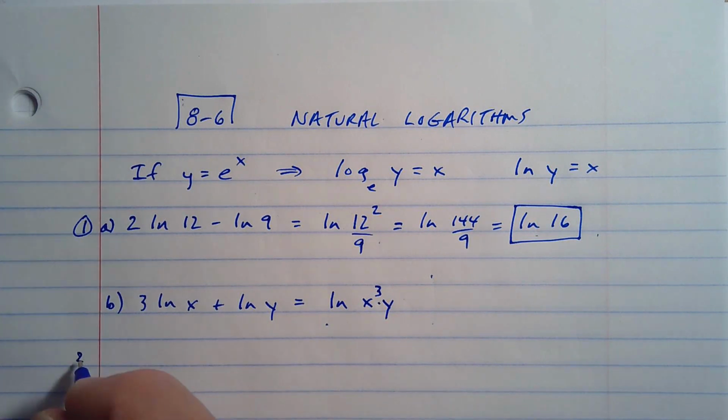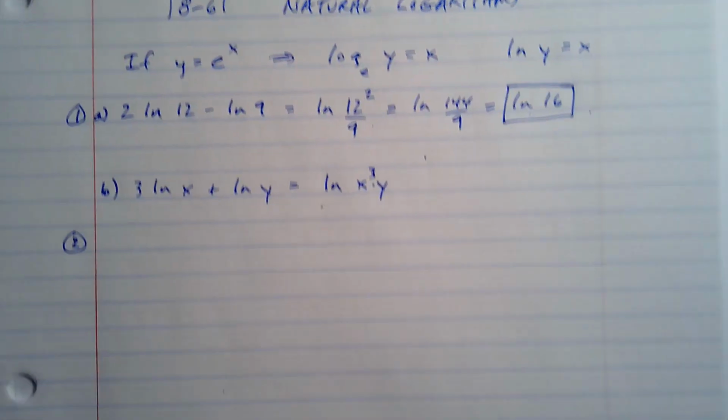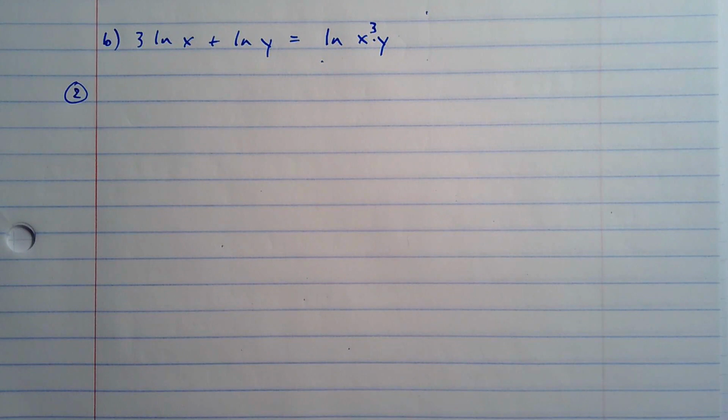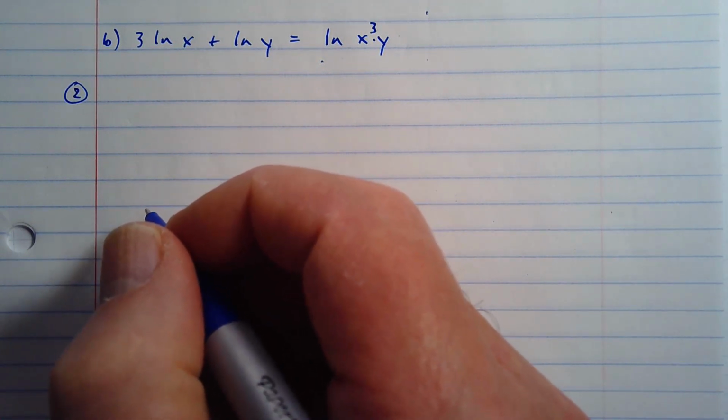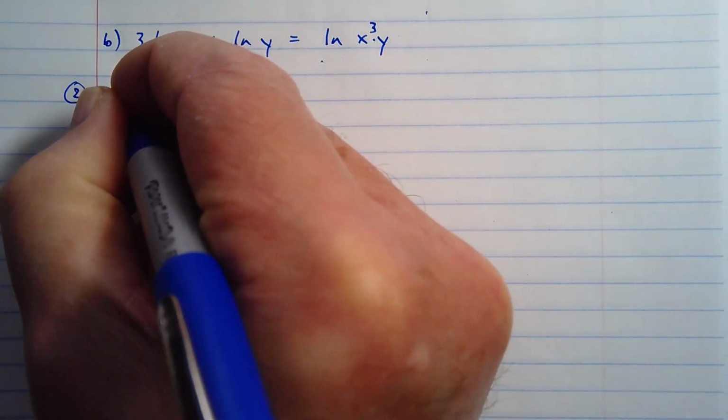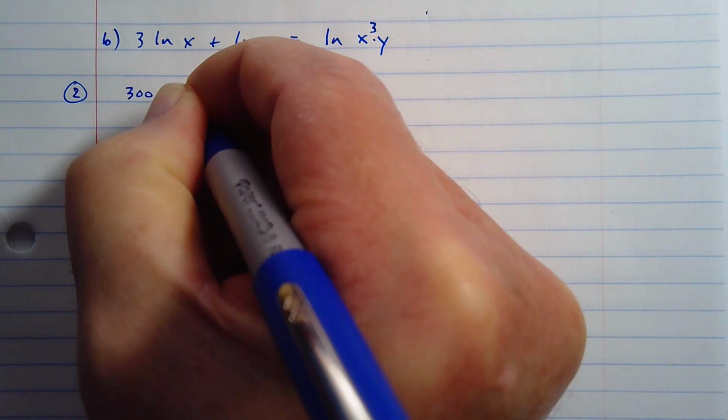Alright, the second one now involves a physics problem about getting a space rocket or a satellite up into orbit. And so they tell us that you have to get to 300 kilometers above the Earth to reach a stable orbit.